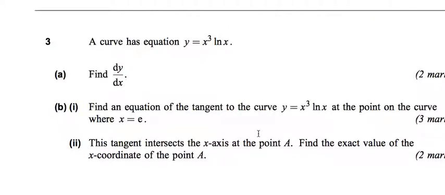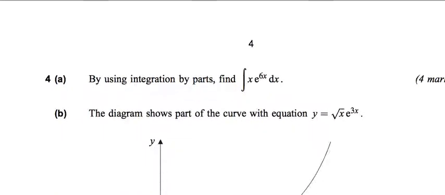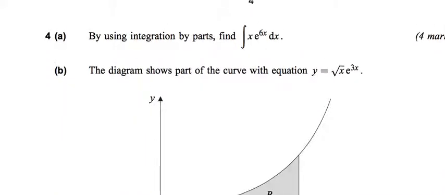That was question 3. In question 4, I've got you to integrate by parts, so you use the same technique as always. Really the only difficulty they can throw into it is what you choose for u and what you choose for dv. If you choose u and you differentiate it and it disappears, you know you've made the right choice.